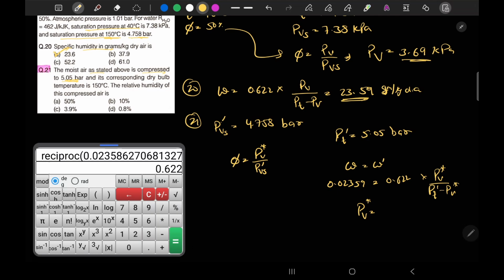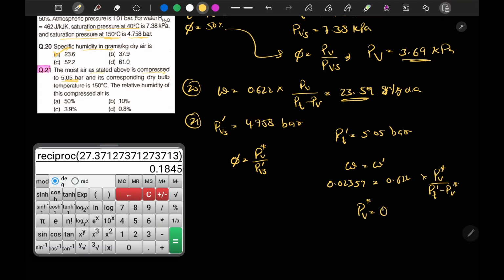So PV star, if you want to calculate, we can calculate it using this equation. So from here we get inverse into 0.622, plus 1, PT by PV inverse into 5.05. So from here we get the value equal to 0.1845 bar.